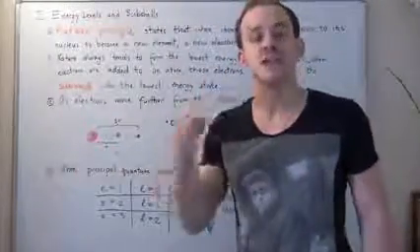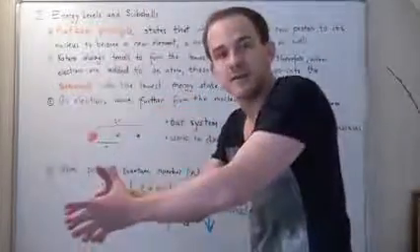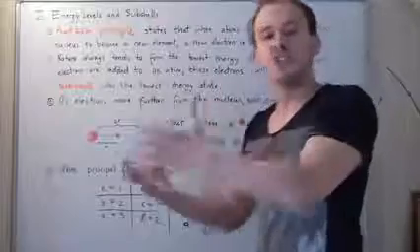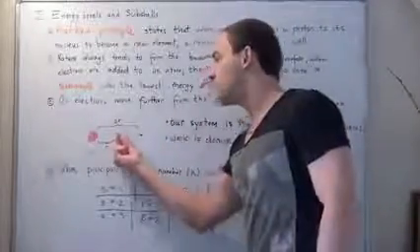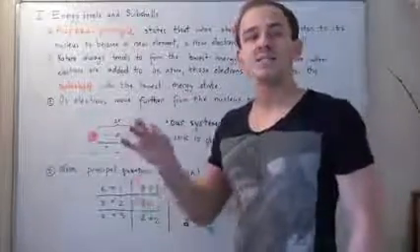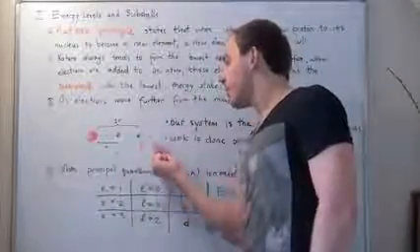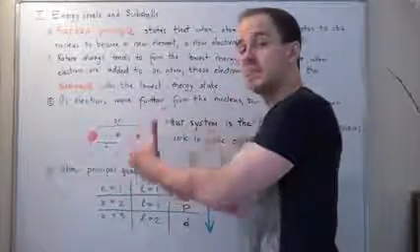Because work is a transfer of energy, energy must be transferred into our system. So our overall energy of our system increases as the electron moves away from our nucleus. And that's exactly why placing electrons further away from our nucleus will increase the energy of our system.